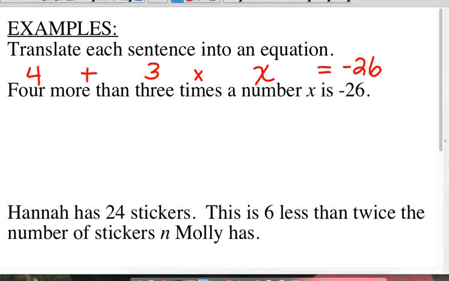Guess what? You almost just wrote the equation. The equation is 4 plus 3 times x, that's 3 times x, equals negative 26. And you don't have to solve this today, you just have to set it up. 4 more than 3 times the number x is negative 26.